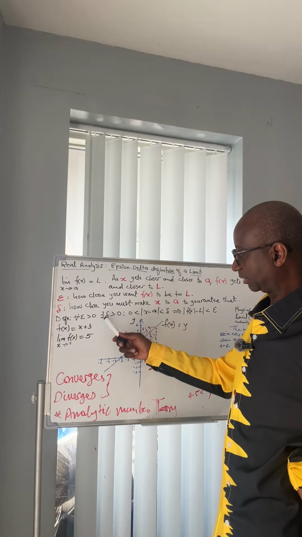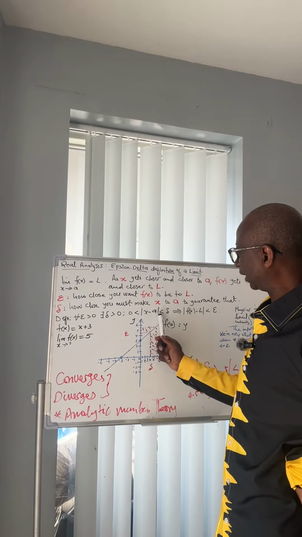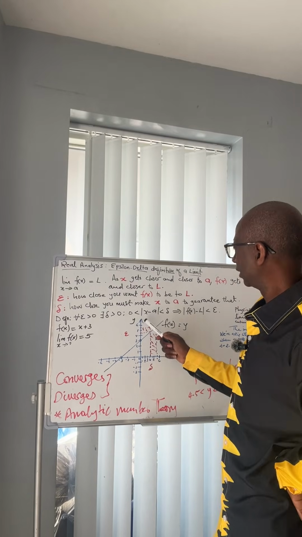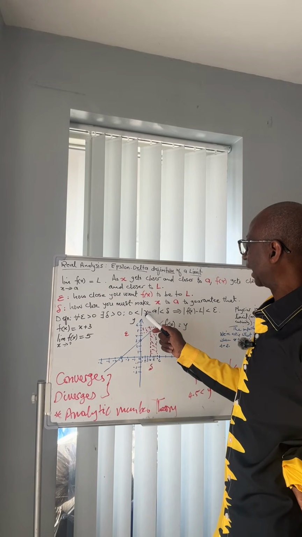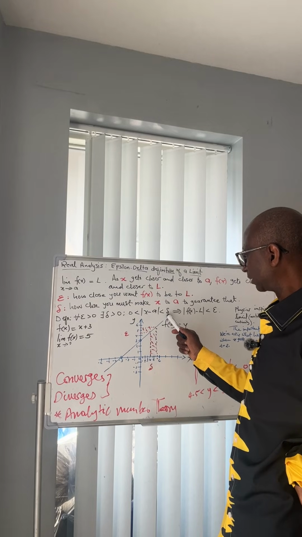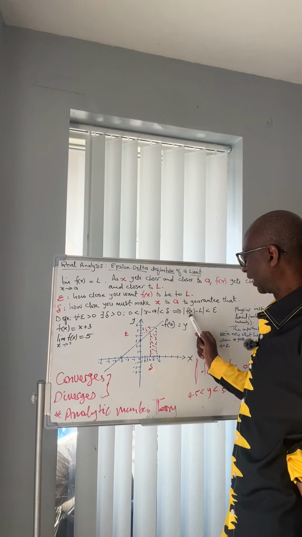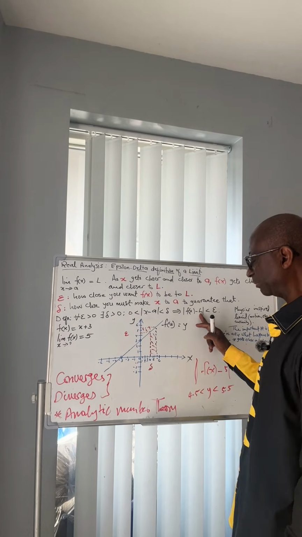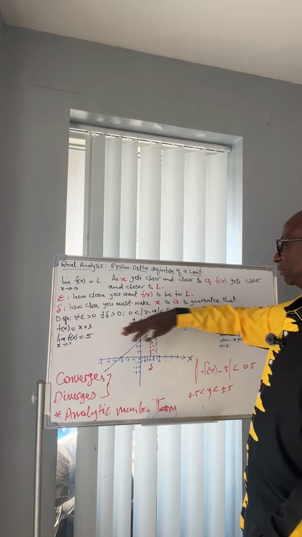There exists delta greater than 0, such that the absolute value of x minus a is greater than 0 but less than delta, which implies that the absolute value of f of x minus the limit is less than epsilon. You use absolute value because you are measuring distances. This is the rigorous formula of this.